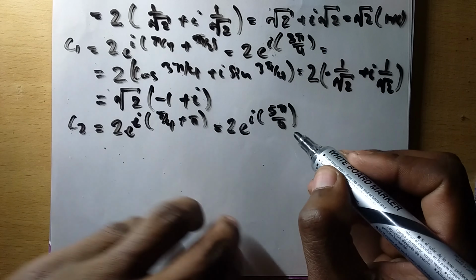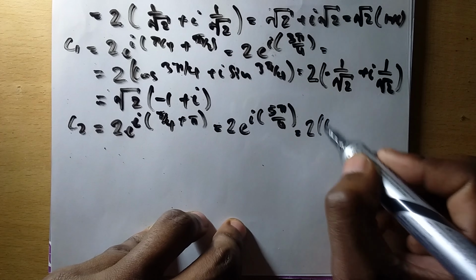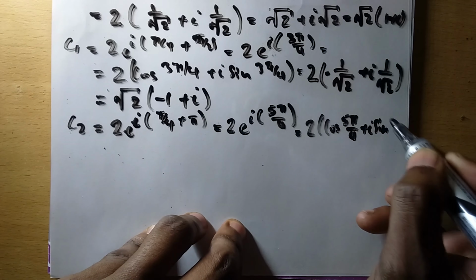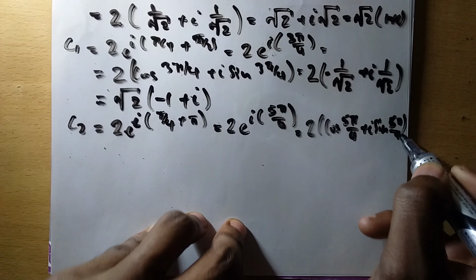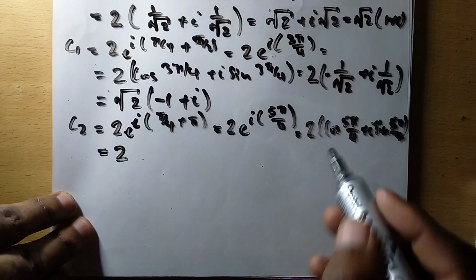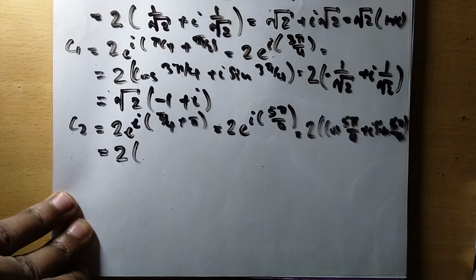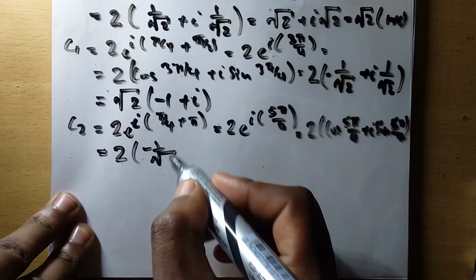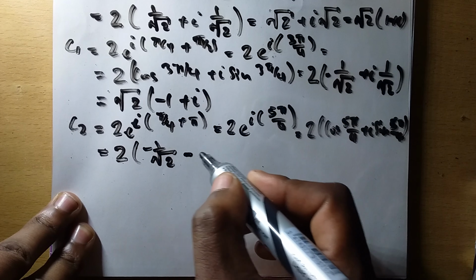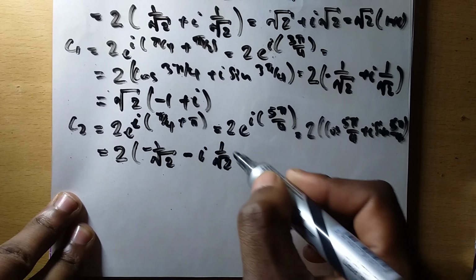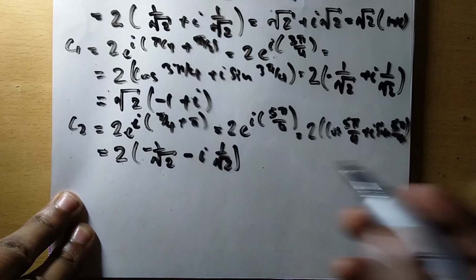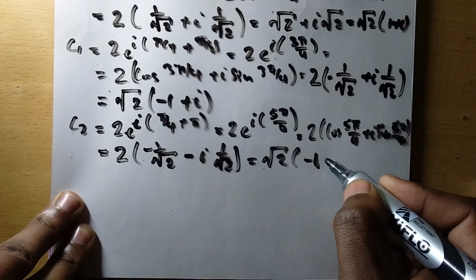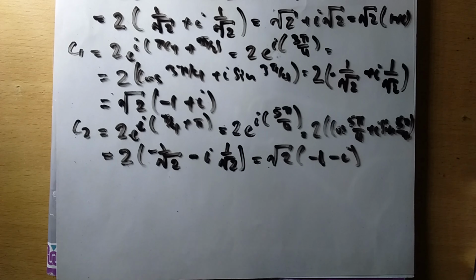So this will be 2 cos of 5 pi over 4 plus i sine of 5 pi over 4. Now, 1 over the root of 2, do the same thing, multiply by the root of 2, so we're going to get the root of 2 times (negative 1 minus i). Okay, so let us find the last one.